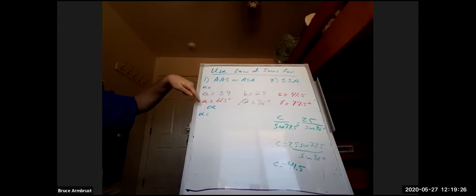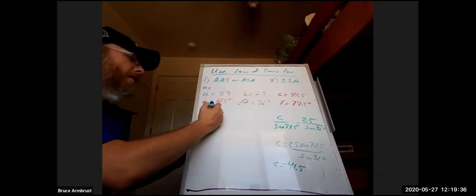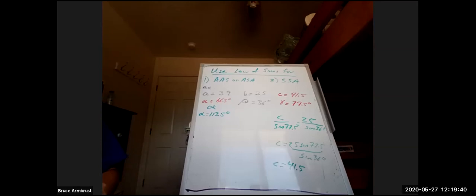Well, we get the second quadrant angle by subtracting our reference angle from pi, or 180 degrees. So if you take 180 and you subtract off 66.5, you get 113.5. So that was another possibility for alpha.